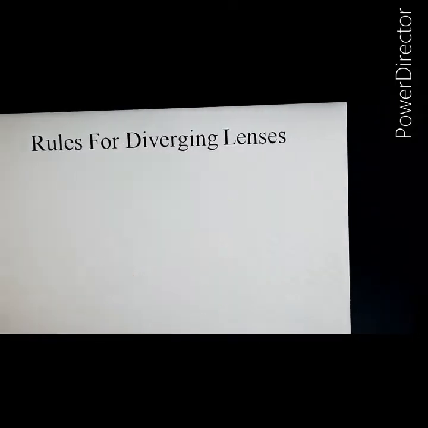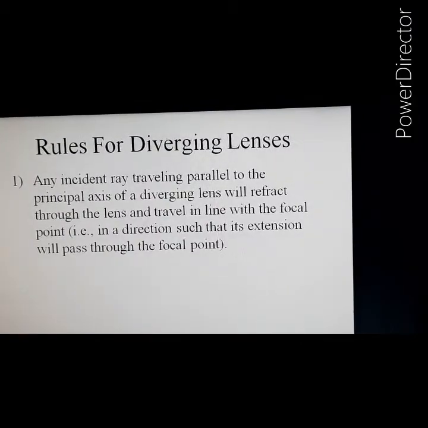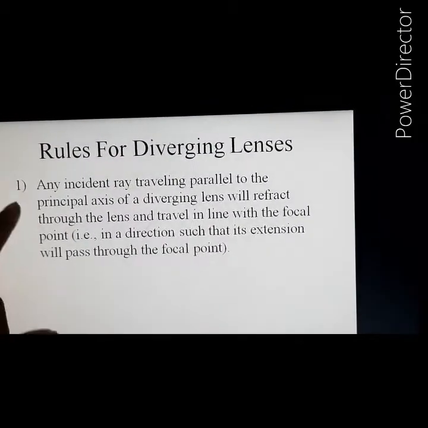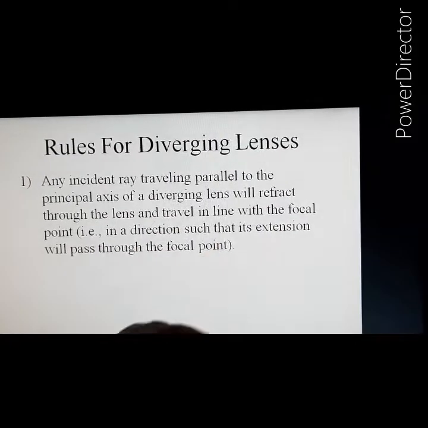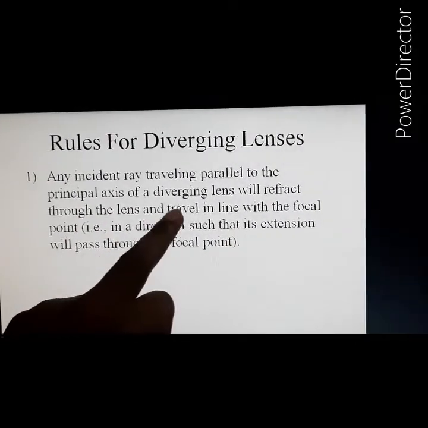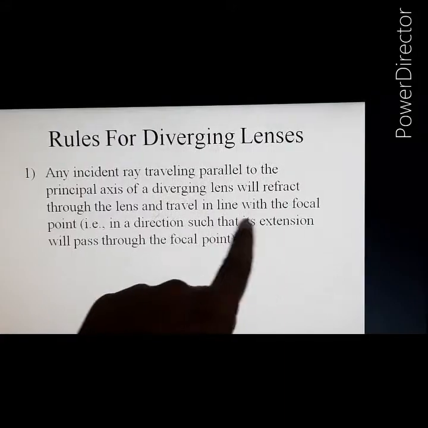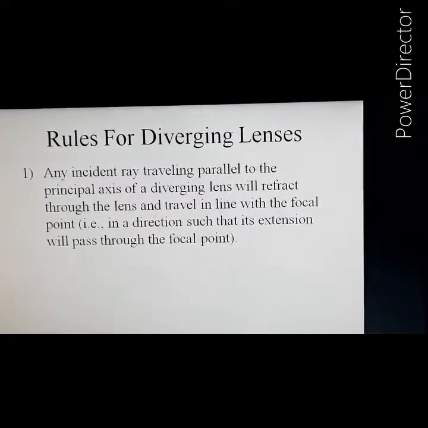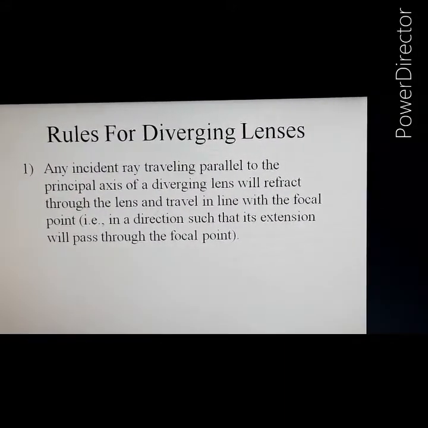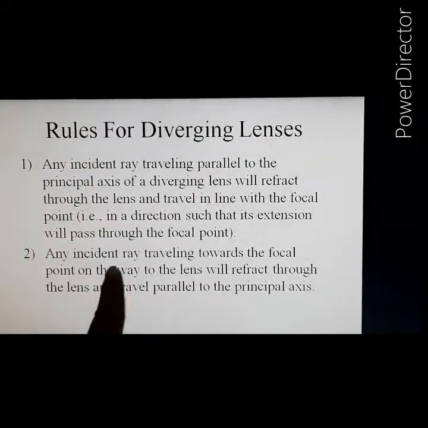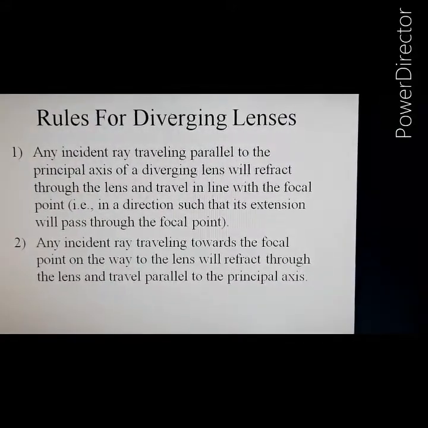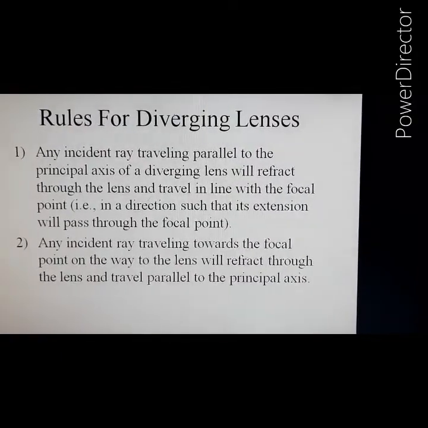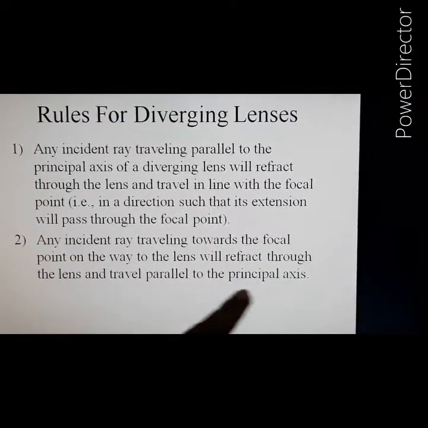Okay, this is the diverging lens. Rules for the diverging lens, we just discussed. Any incident light ray traveling parallel to the principal axis of a diverging lens will refract at the lens and travel in a line with the focal point, nothing but focus. Now, any light ray traveling towards the focal point, which is coming from away, will refract at the lens and travel parallel to the principal axis.